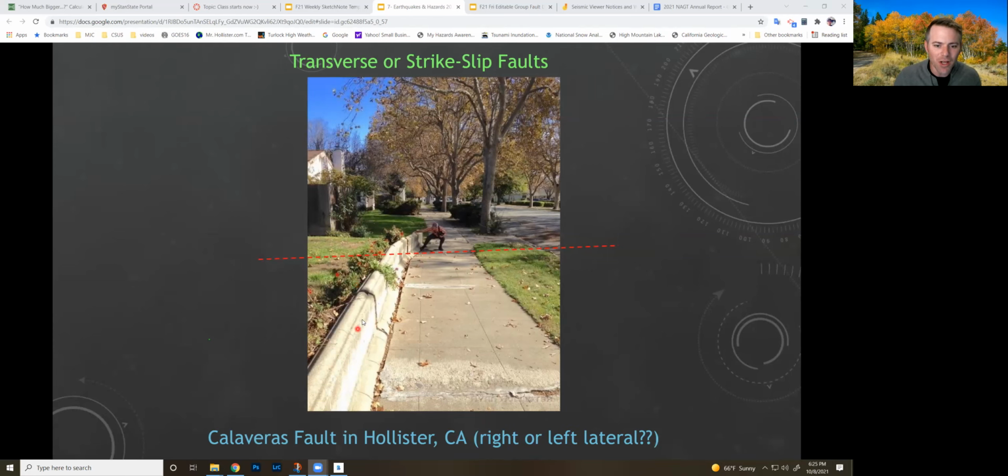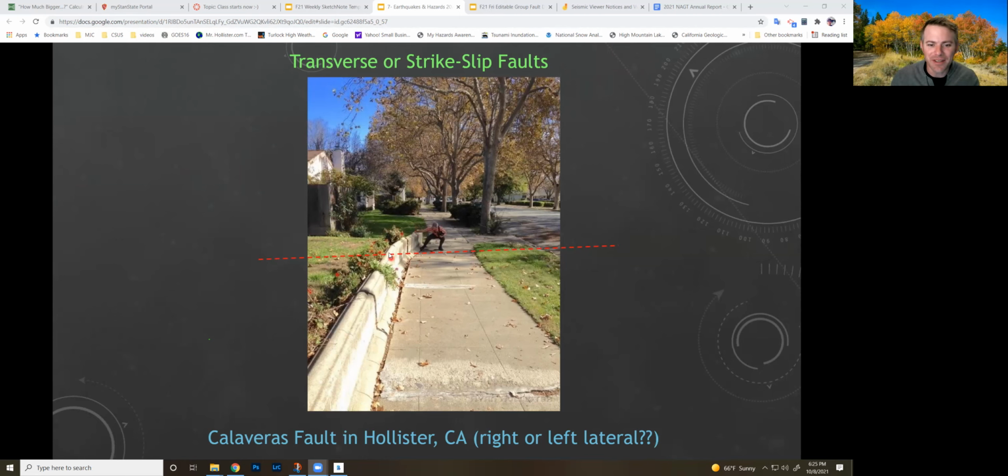And if I follow this fence and assume this fence was one nice straight line 80 years ago when they built it, what direction has the fence moved? If I'm standing over here and I look across, the fence has moved to what direction here? Across the fault, if I look across the red line, it looks like it's moved to the, well, I guess I'm mirror imaged, but it's moved to the right.